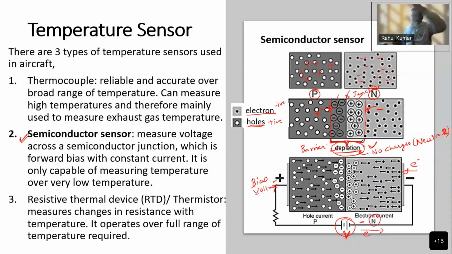Imagine you have a wall in front of you. Initially only 10 electrons were pushing that wall, and it was not breaking. But now with the help of voltage, you are increasing the number of electrons to maybe 10,000, just as an example. If 10,000 electrons are pushing the wall, it will break. That's the whole concept here.